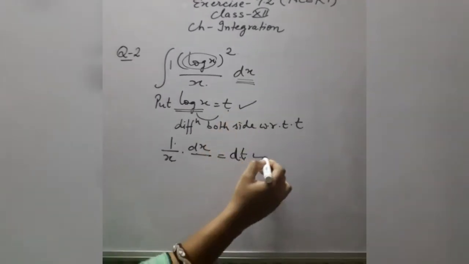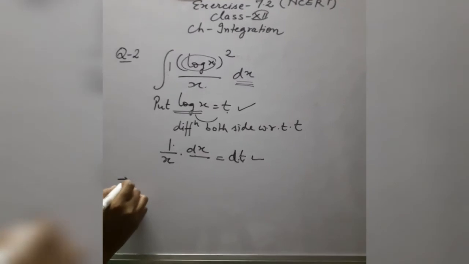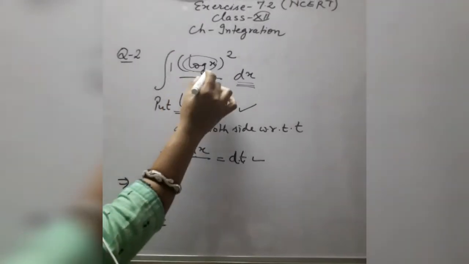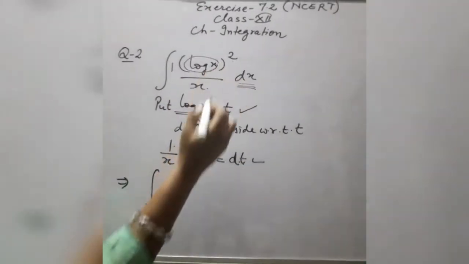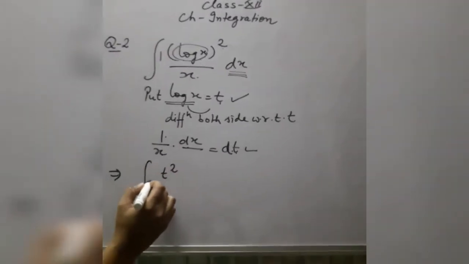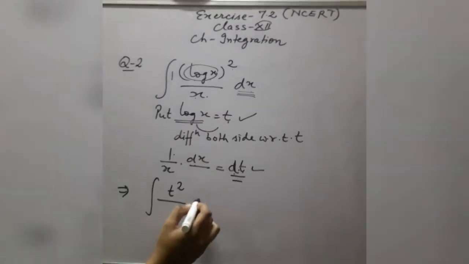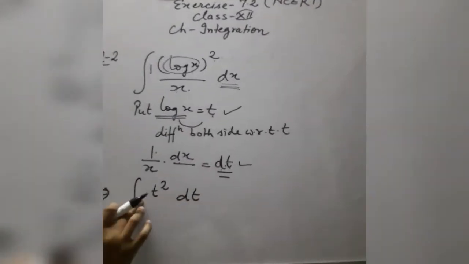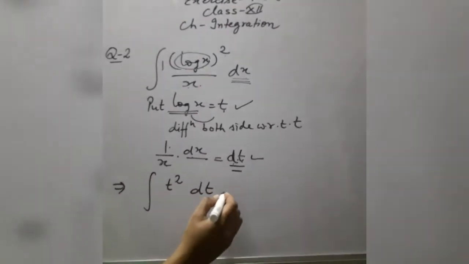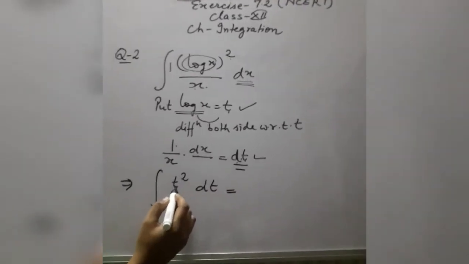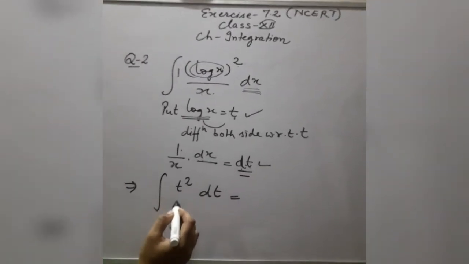Now use these two results in the statement. In place of log x, write t, so you will get t square. In place of 1 by x and dx, write dt, so it becomes a very simple function. Now you have t square. The integration of x square is x cube by 3.